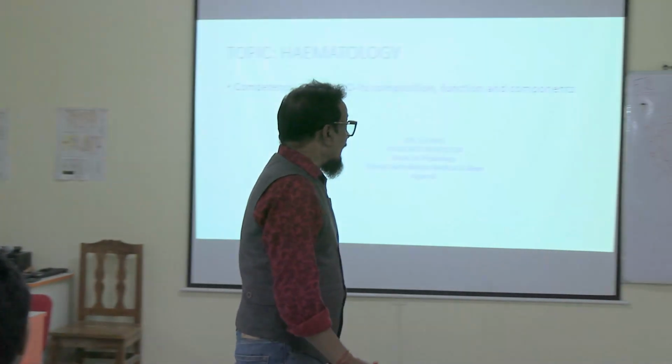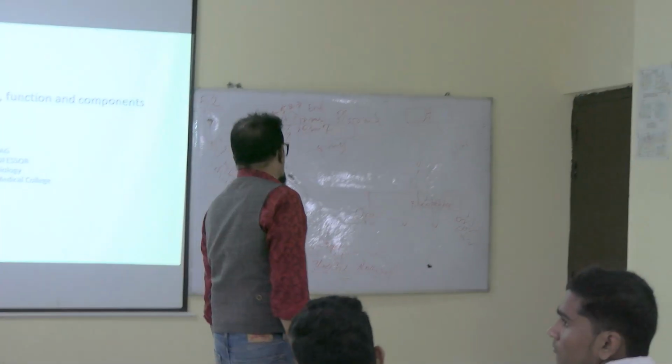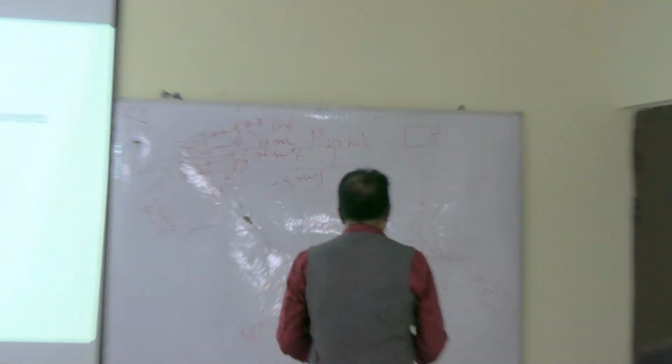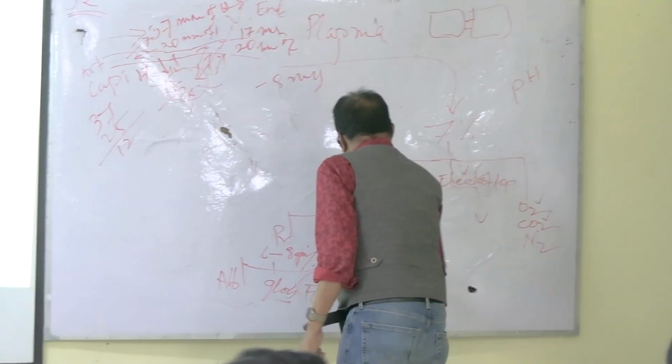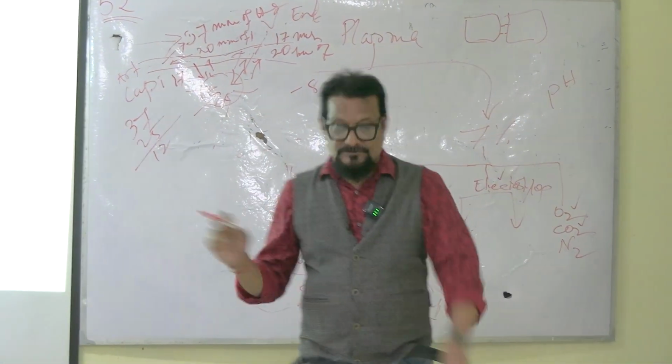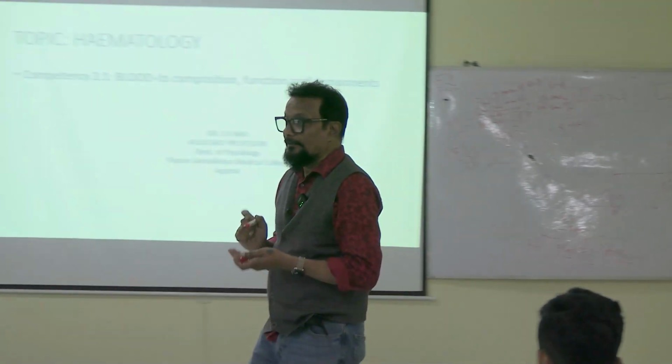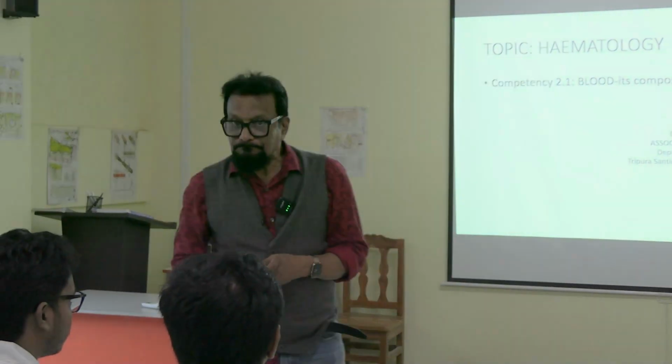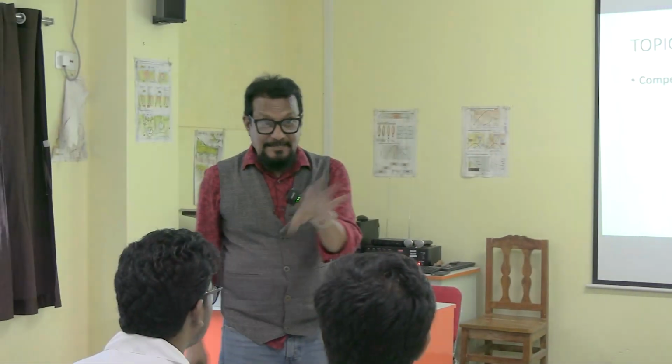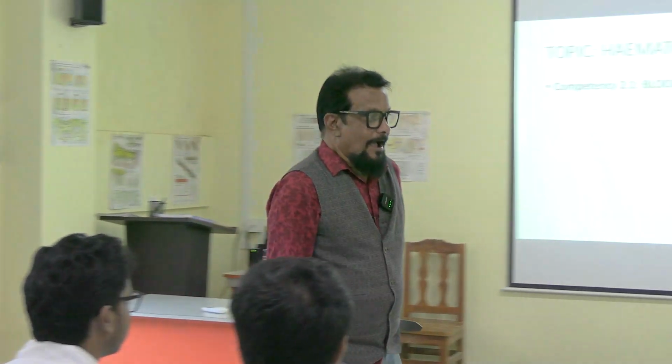Okay, so albumin, fibrinogen, prothrombin, these are proteins. Now the other organic substances. I will finish again. I have taken one hour and still it is not completed. I couldn't get to the cells.